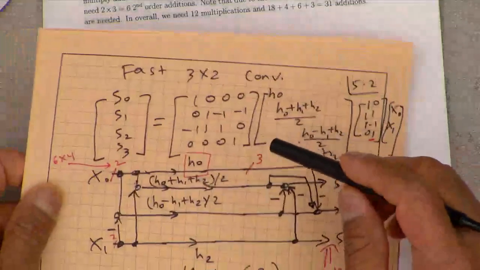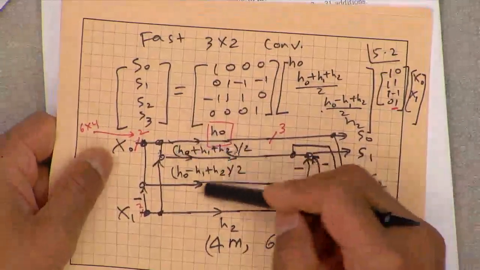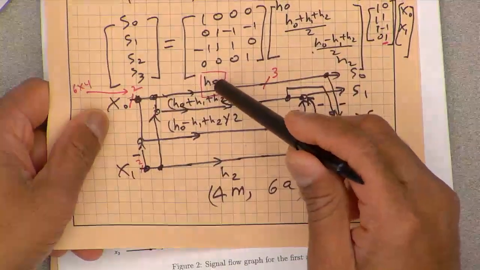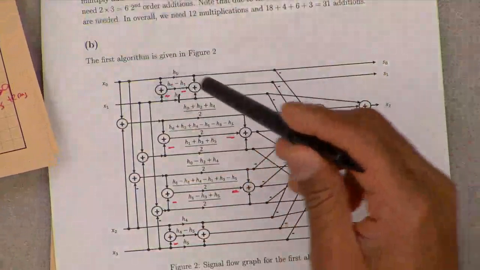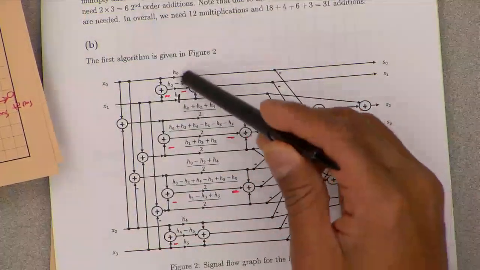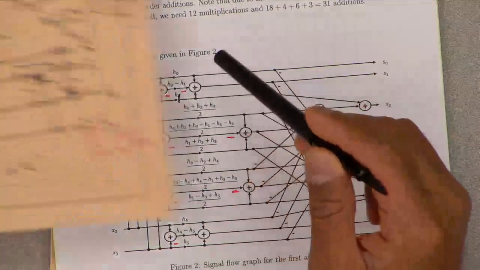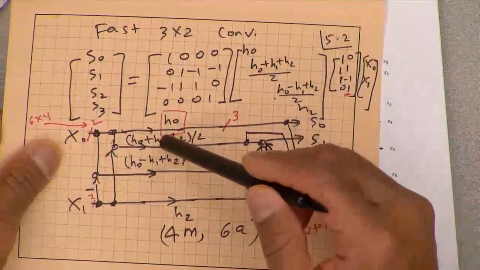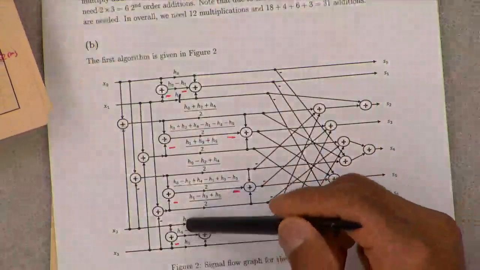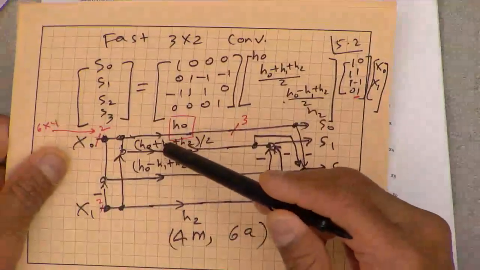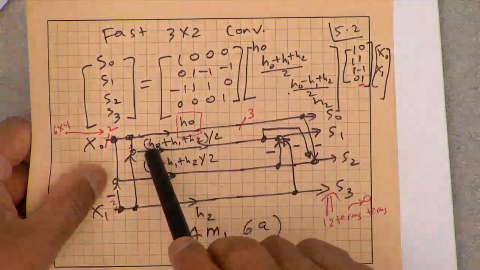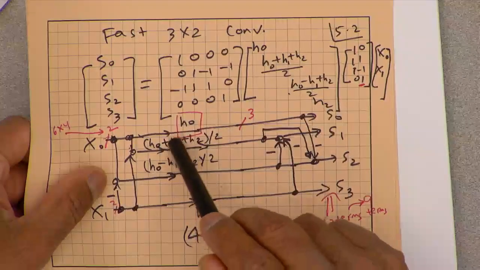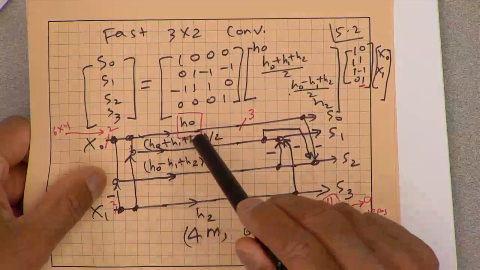And so try to find out what these H0 plus H1 plus H2 really are. If you think about this diagram, H0 really is 2 coefficients H0, H1, and that's the fast convolution of that polynomial. Each one of these is a polynomial convolution. H2 is H4, H5, and then H1. So this is H0, H1. H1 is going to be H2, H3.